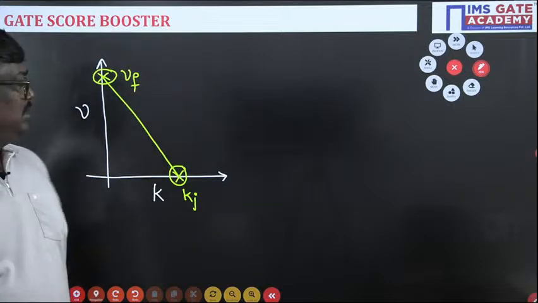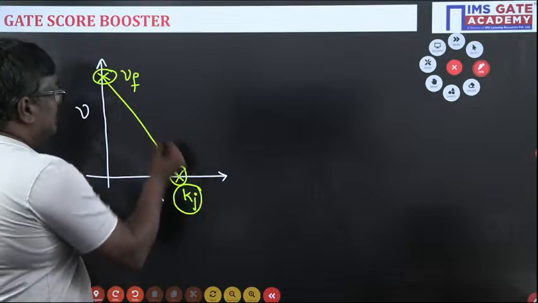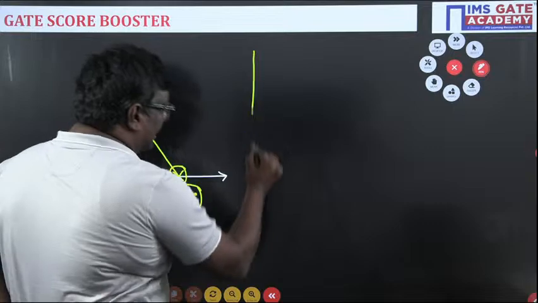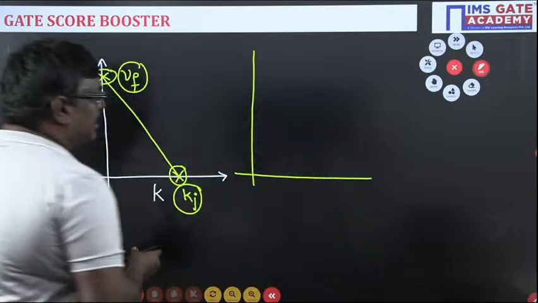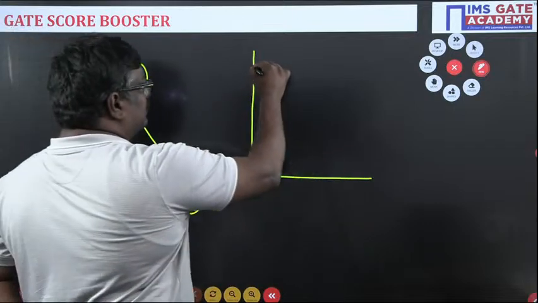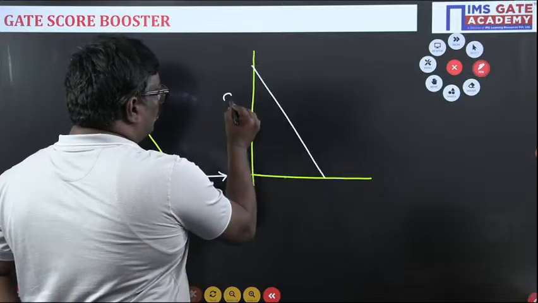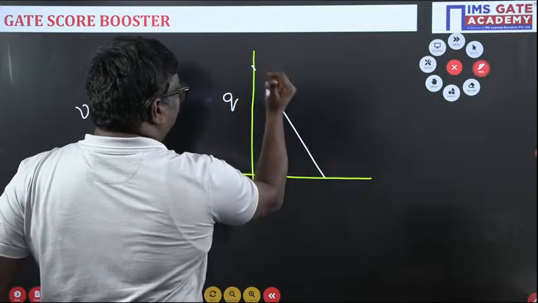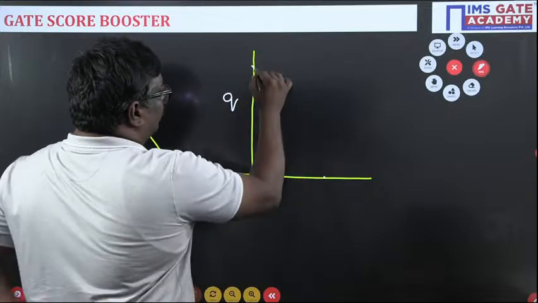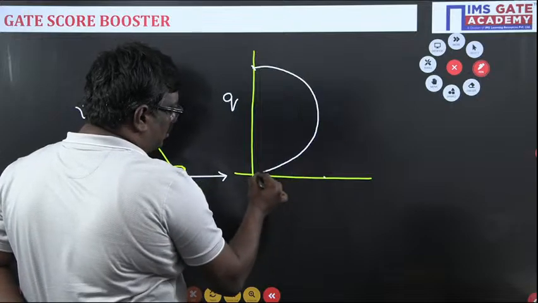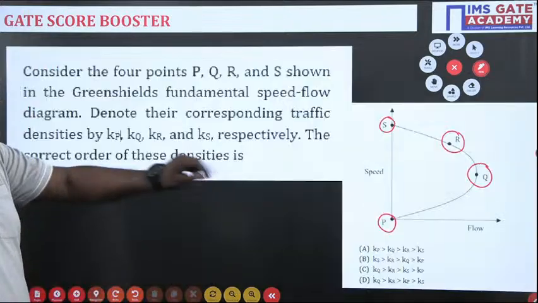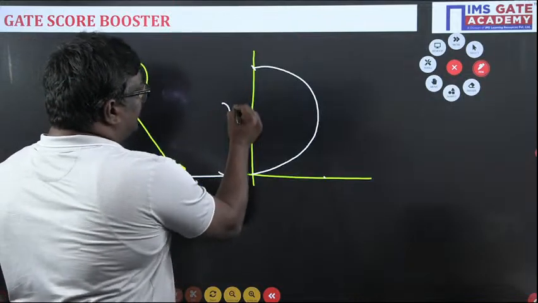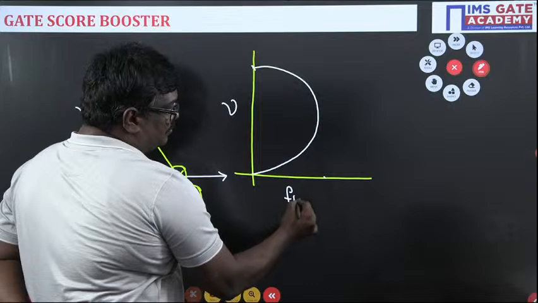Now, they have given the diagram, the graph between speed and flow.